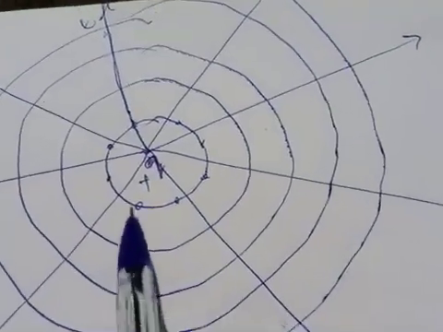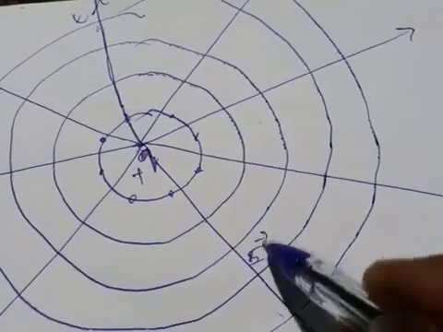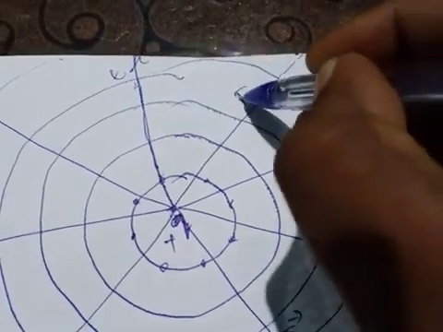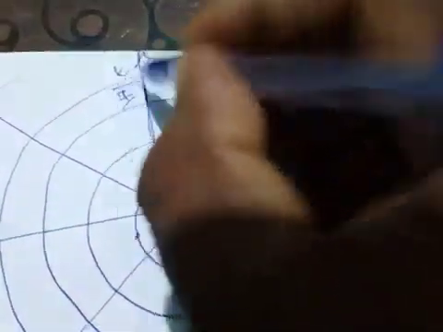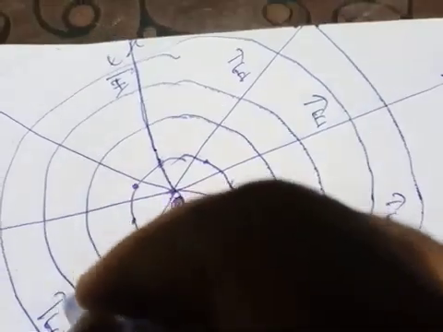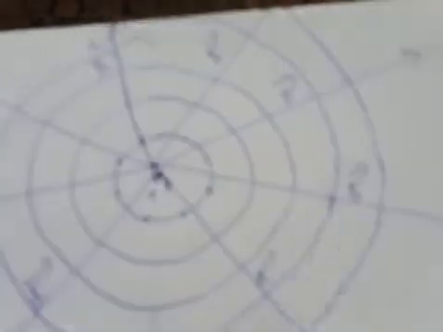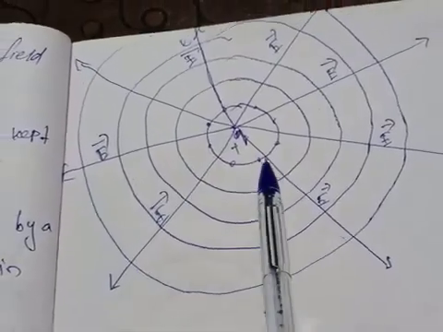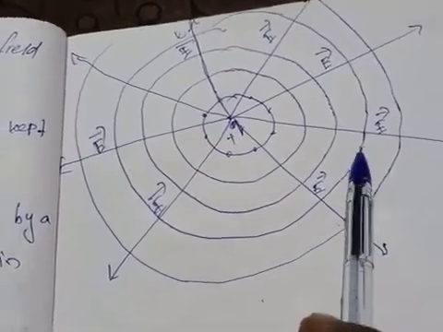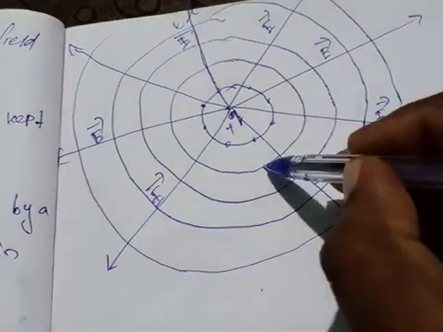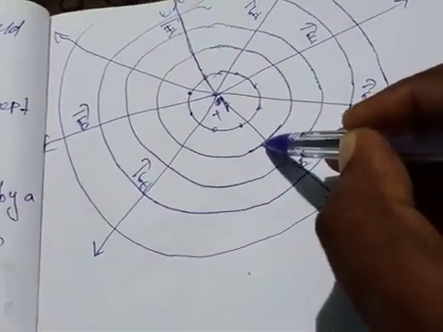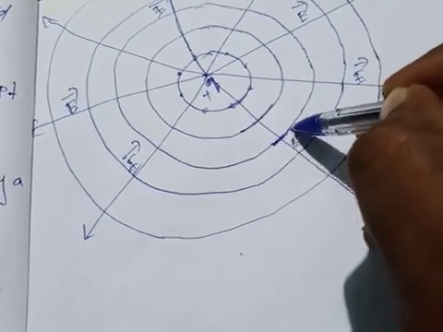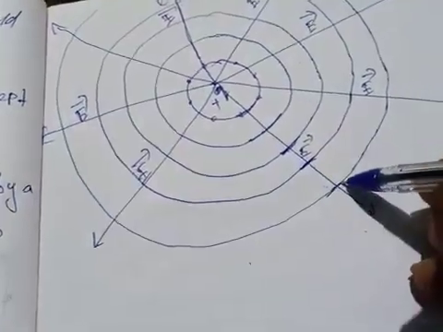You see, the electric field lines are outward. Now this is an equipotential surface, this is an equipotential surface, this is also.